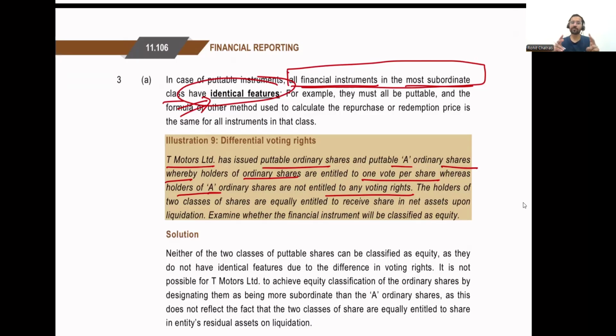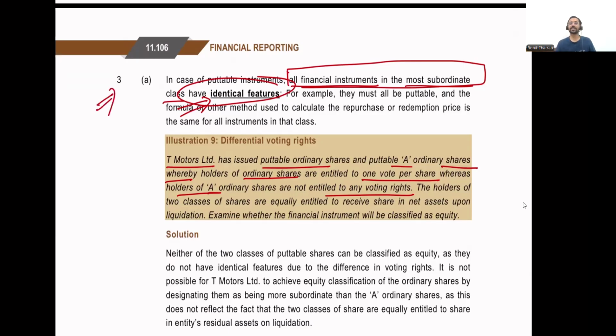Both of them satisfy conditions 1 and 2, meaning they receive a pro rata share in the net assets and are subordinate to other financial instruments, but they do not have identical features. There are two classes of instruments, and therefore it fails this third condition. As a result, both of them will be classified as a financial liability.